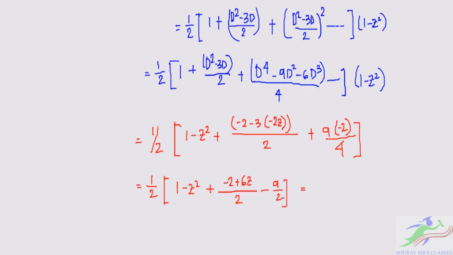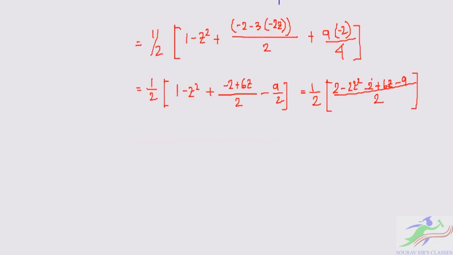So half, in the denominator it is 2 and in the numerator it is 2 minus 2z square minus 2 plus 6z minus 9. From here you can cancel out 2 and 2. So what will be the answer? It will be 1 by 4 of minus 2z square plus 6z minus 9.